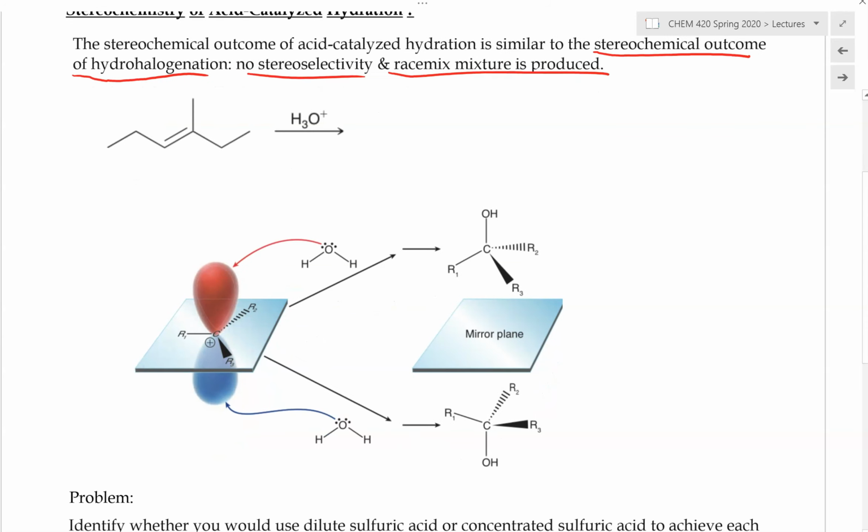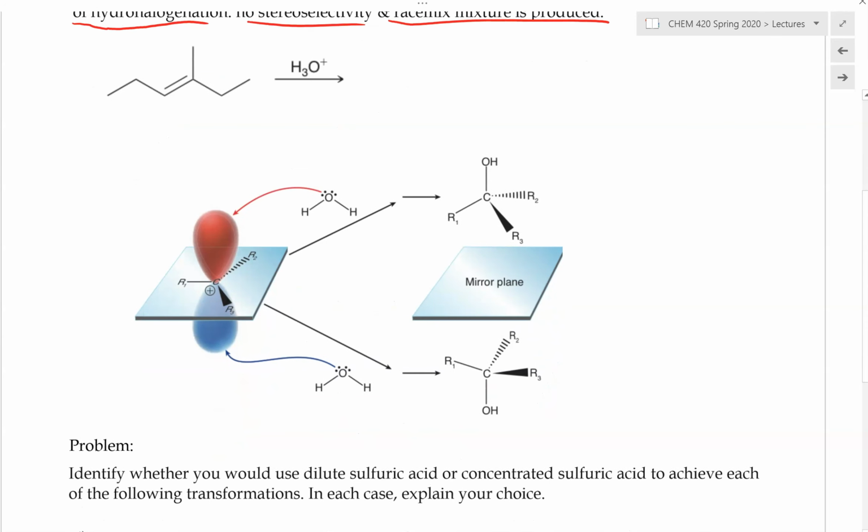The reason is that, as we analyze the reaction mechanism, it goes through a carbocation intermediate that is achiral. So when water comes in to attack, it can attack from the top or from the bottom without any preference at all. Therefore, it forms both a product where the hydroxyl group is pointing up and one where it is pointing down, and thus they are mirror images of each other, a racemic mixture.